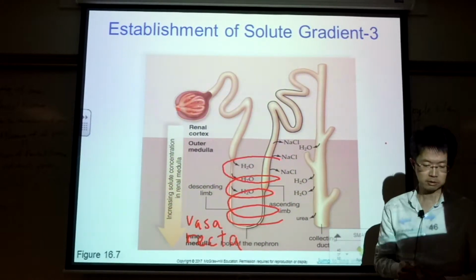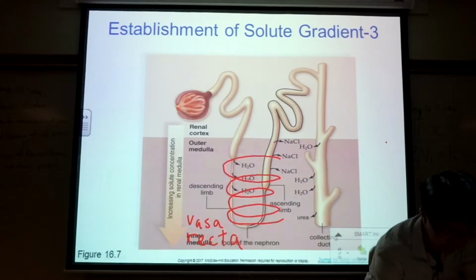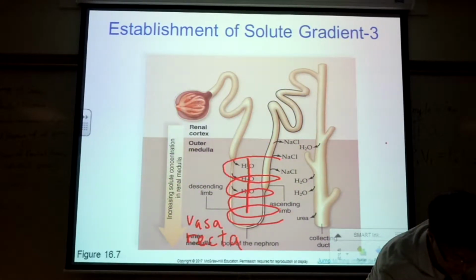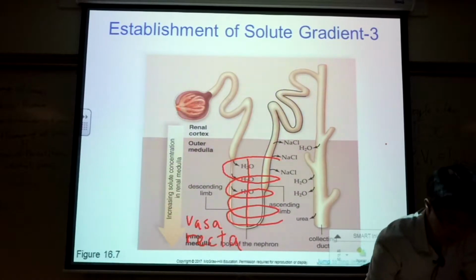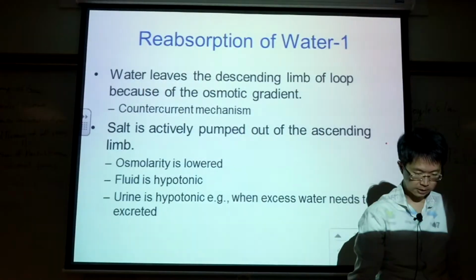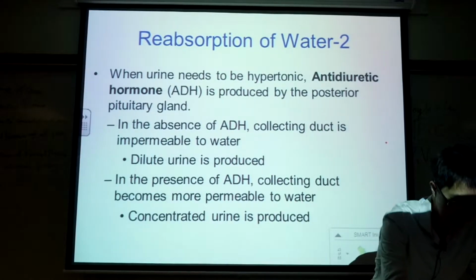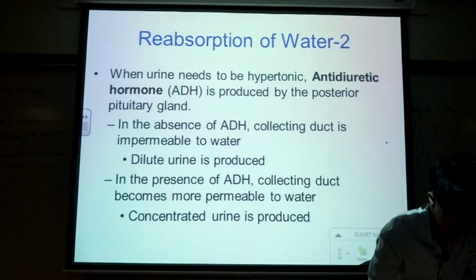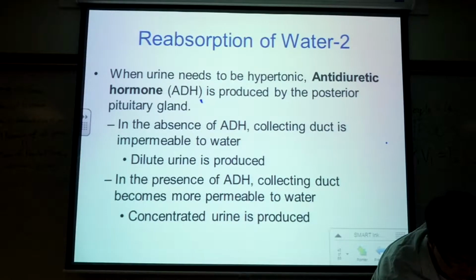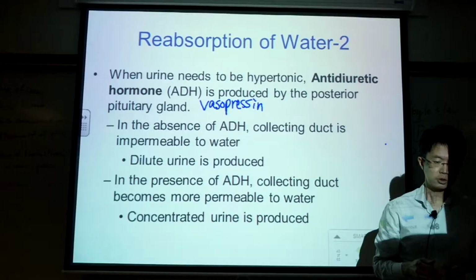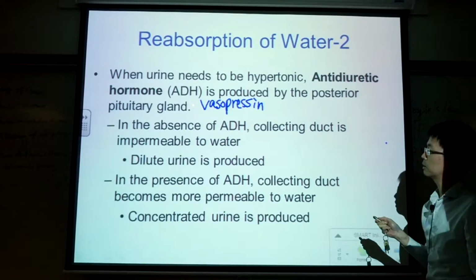In this area you have some blood vessels that are vertically straight like this. So that's why I call that vasa recta. And then antidiuretic hormone ADH has a different name, it's called vasopressin.